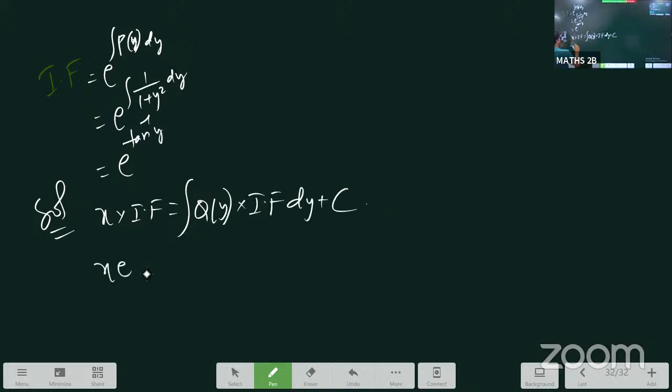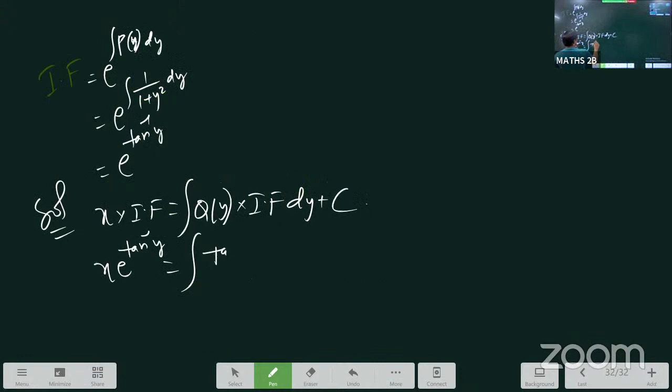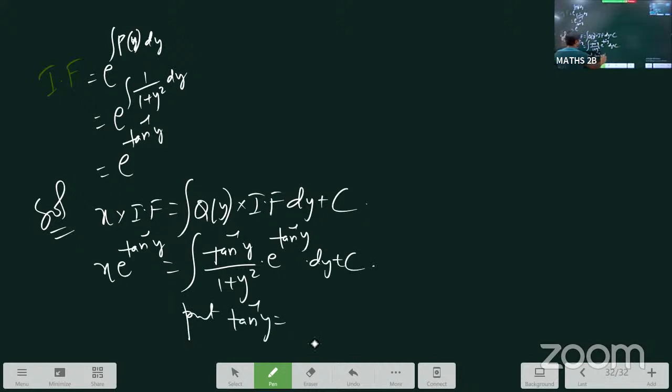x into e to the power tan inverse y equals, what was your q of y? q of y is tan inverse y by 1 plus y square, again e to the power tan inverse y dy plus c. Now here put tan inverse y equal to t.